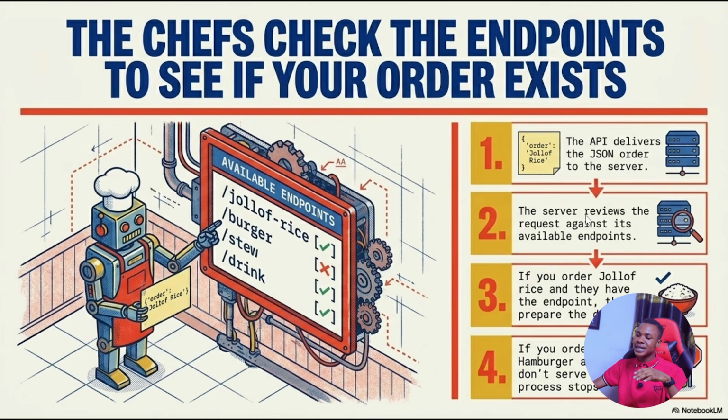Now the server will check if what you are applying for or what you want exists, and if it does not exist, it will return back to you and tell you that what you requested does not exist. Two things happen here. Number one, if your JSON is not correct, the information you are sending the waiter is not correct, it will detect an error and come and say, okay, jollof rice is not there, even though jollof rice is there.